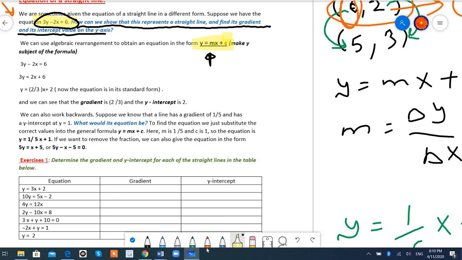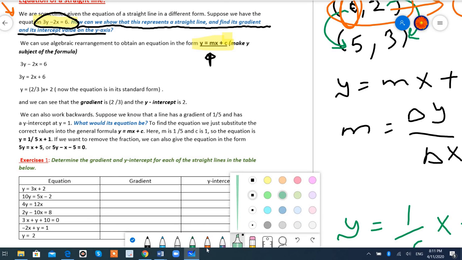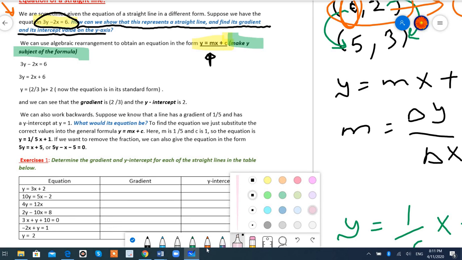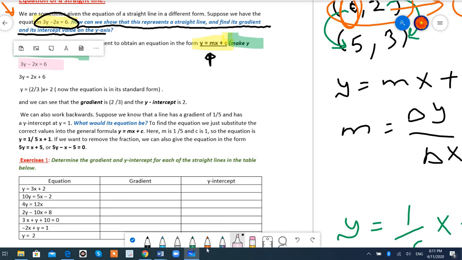We have to make y the subject of the formula. So bring the 2x to the other side and then divide by 3 on both sides. So 3y over 3 is y, 2x over 3 becomes two thirds x, and 6 over 3 is 2.